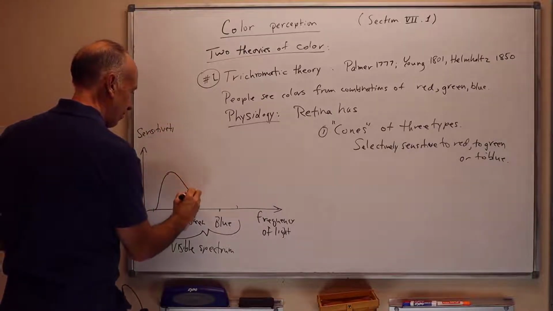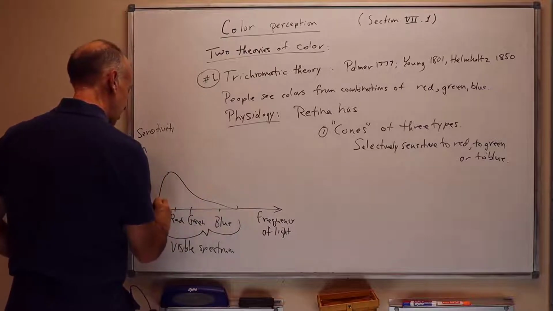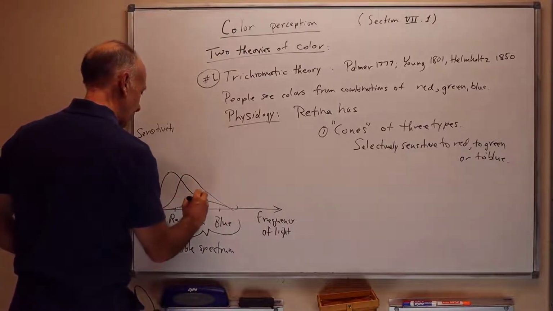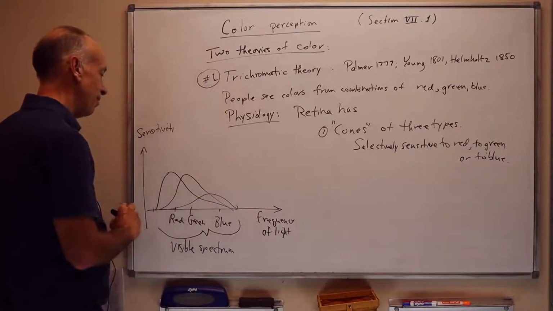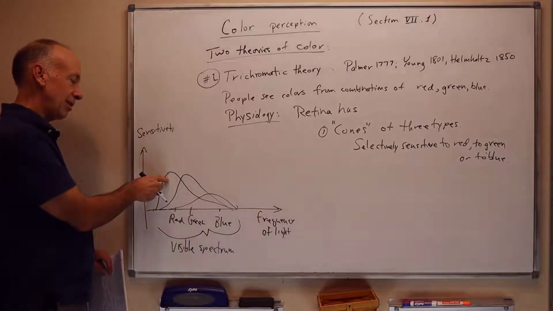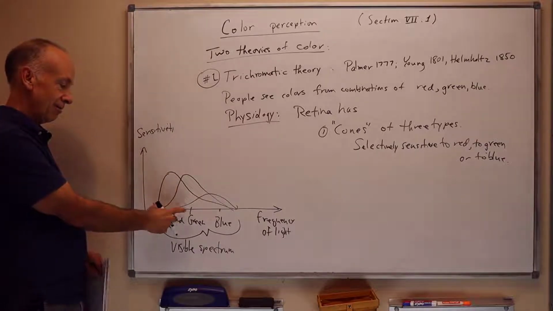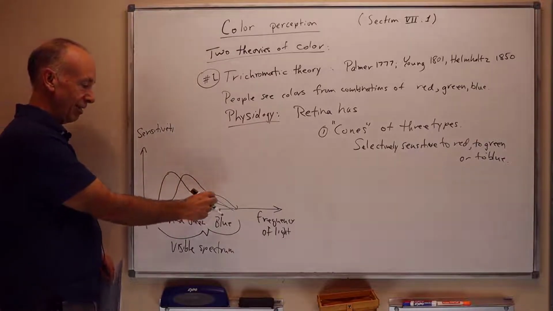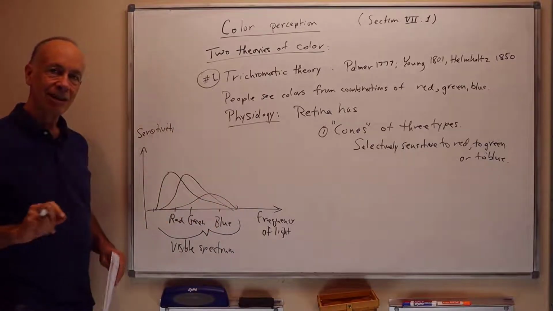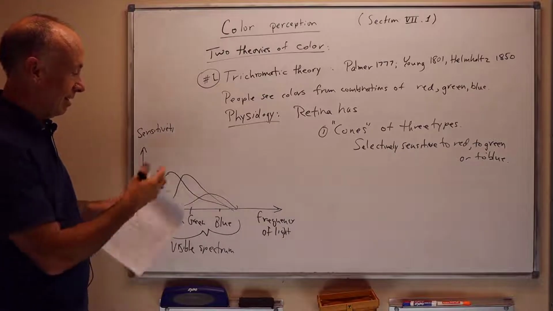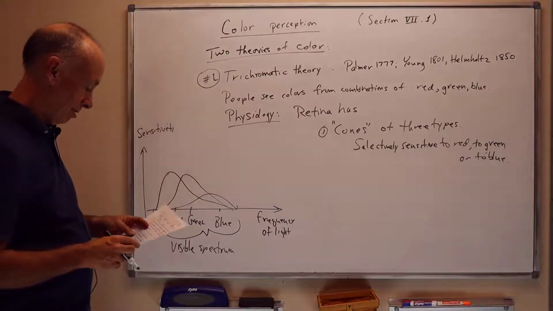The graph of sensitivity will look something like this. The green sensitive ones will look something like this. And the blue ones would look something like this. So what's happening is the red cones are more sensitive to light with frequency in the range of here, green is more sensitive here, and blue is more sensitive here. And then your eye trades off these different sensitivities to get a color for the spectrum, or the overall light.